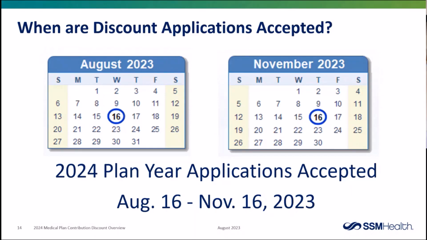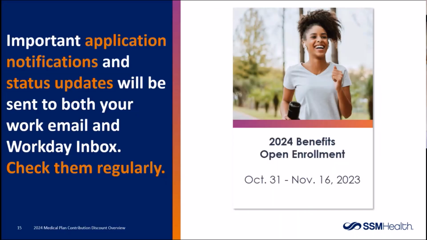All right. So let's say I've applied for the discount. What should I expect to happen next? It is especially important for employees to watch both their Workday inbox and their SSM Health email as we approach the benefits open enrollment period. So benefit enrollment for 2024 will begin Tuesday, October 31st through Thursday, November 16th.